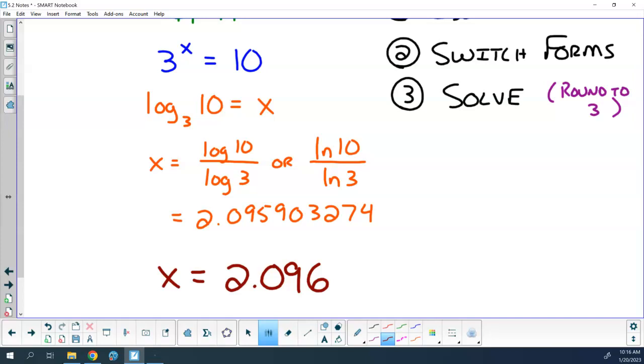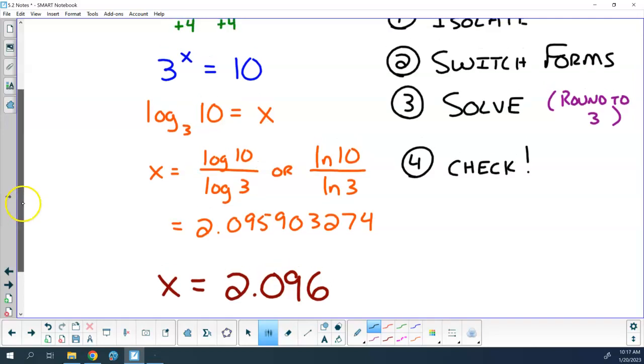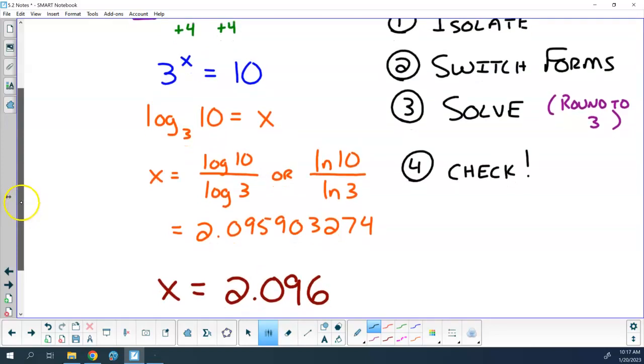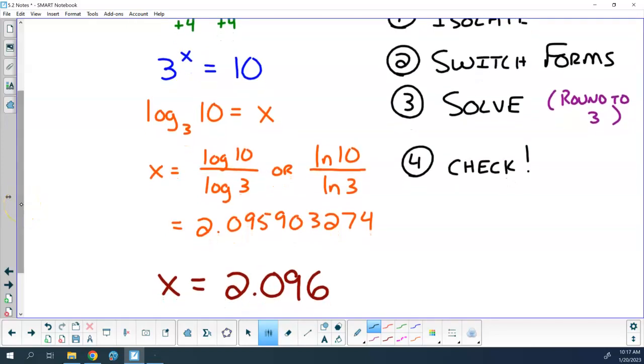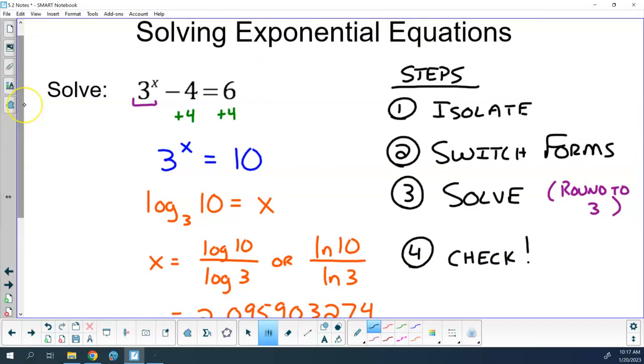Then, here's the kicker. We need to go back and check that. Now, if we use the rounded one in our check, our answer is going to be really close to 6. If we use the exact one, if we leave that on our calculator, then it's going to be exactly 6.